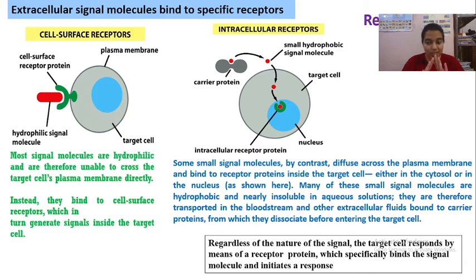Regardless of the nature of the signal, the target cell responds by means of a receptor protein which specifically binds the signal molecule and initiates a response. For a specific receptor, there is a specific target signal molecule.